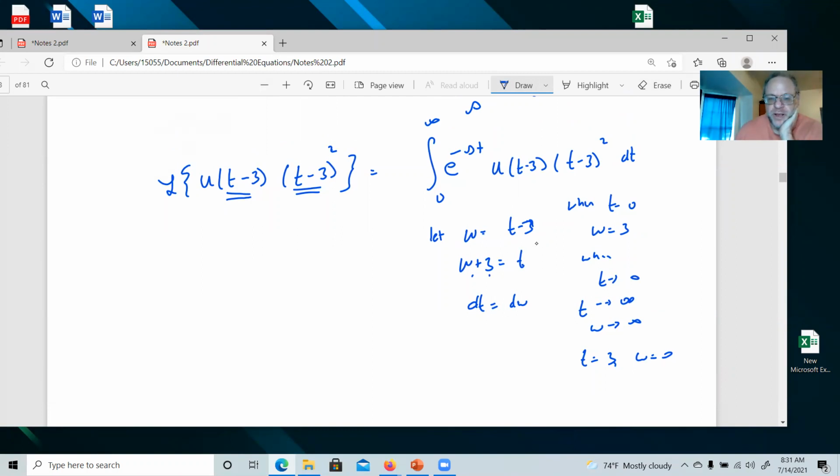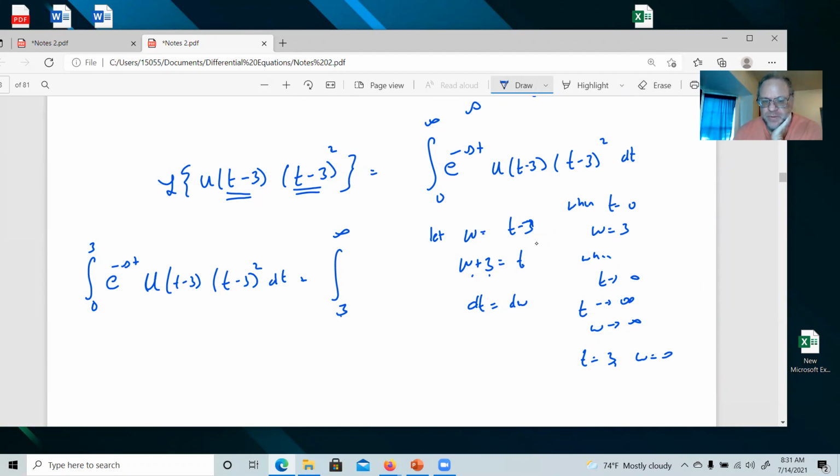What I'm going to do is keep it in t space for just a moment longer. We have the integral from 0 to 3 of e to the negative st, u(t minus 3), times t minus 3 squared dt, plus the integral from 3 to infinity of the same thing.